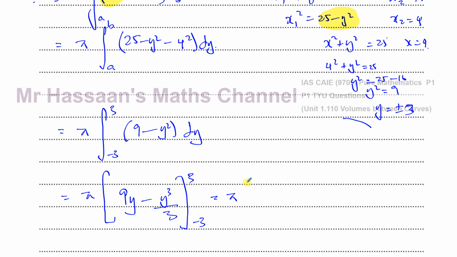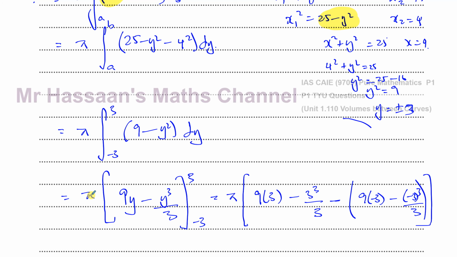So you have pi, and we're going to have 9 times 3 minus 3 cubed over 3, minus, and then we're going to put minus 3 in here. So 9 times negative 3 minus negative 3 cubed over 3. And don't forget the pi always.